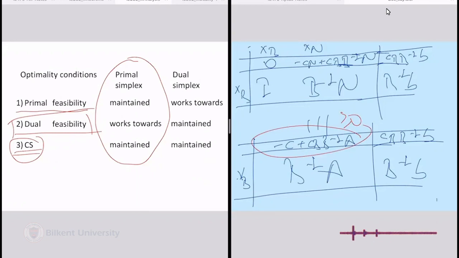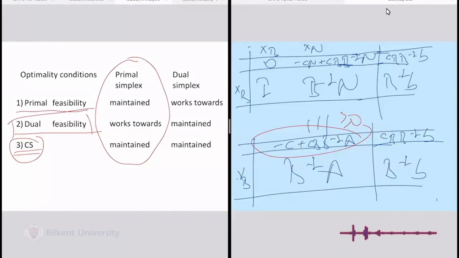But what we were actually doing was having a feasible primal, which also satisfies complementary slackness with its dual partner, which is CB B inverse. And we stopped when the dual problem became feasible. This is our simplex, good old simplex.